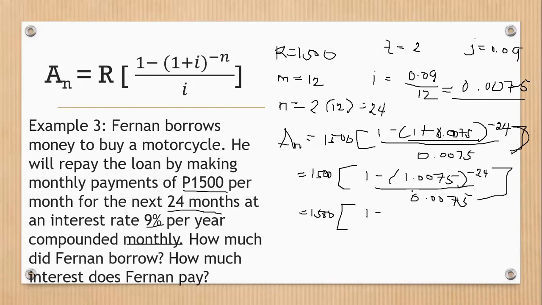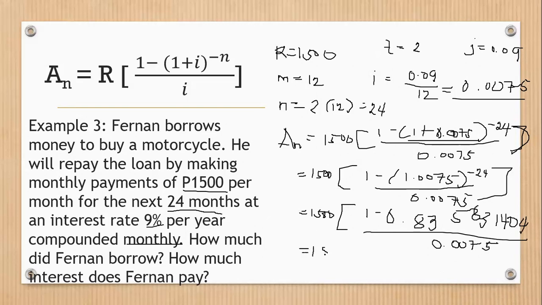So 1 plus 1.0075 raised to negative 24. We can have 0.835831,404 divided by 0.0075.